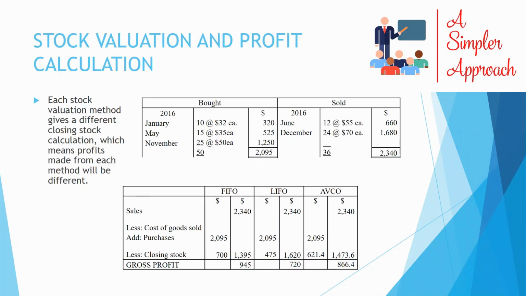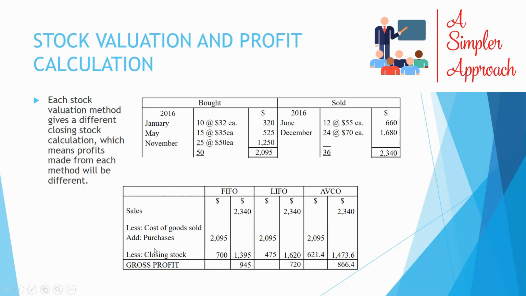Finally, for the process of calculating profit based on the methods of stock valuation, it will look like this. And if you look at this, you will recognize that this is a simplified income statement.